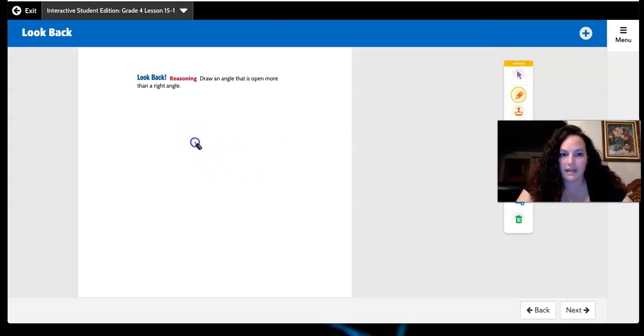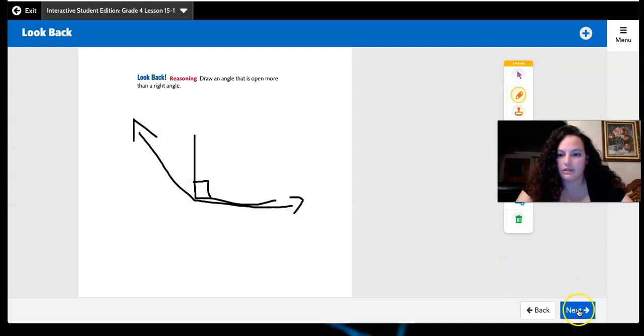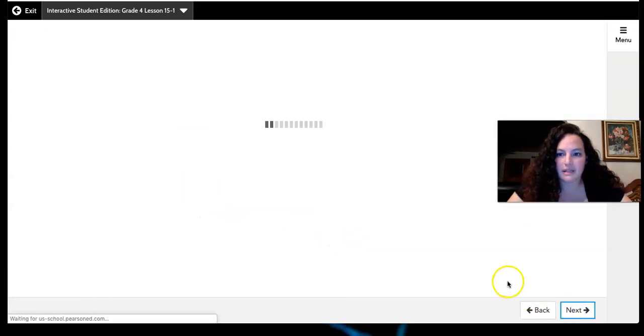If I draw my right angle, remember that's one that's 90 degrees, you can make a square in the corner of this angle. So I'm going to draw one that is bigger. Now, this angle is bigger than the right angle. So we can see that happening.